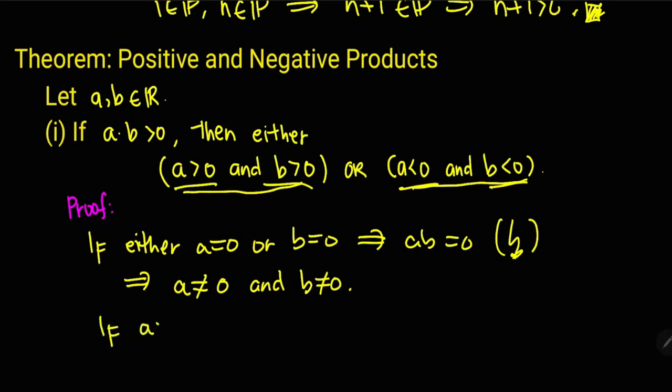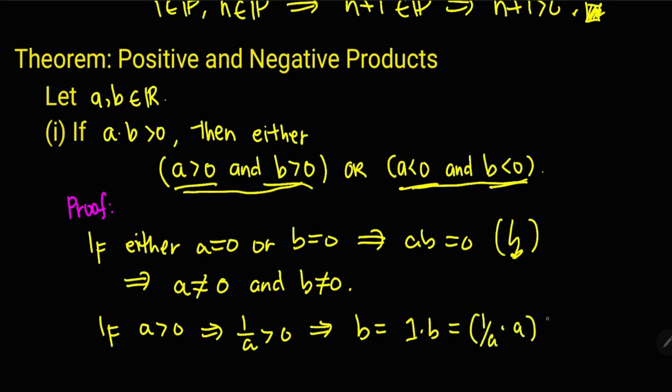So if A is greater than 0, then that would imply that the multiplicative inverse 1 over A must also be greater than 0. But if 1 over A and A are both positive, then B, which can be written as 1 times B, but 1 can be written as 1 over A times A, and then times B. But again, we can regroup A and B, so I have 1 over A times the quantity AB.